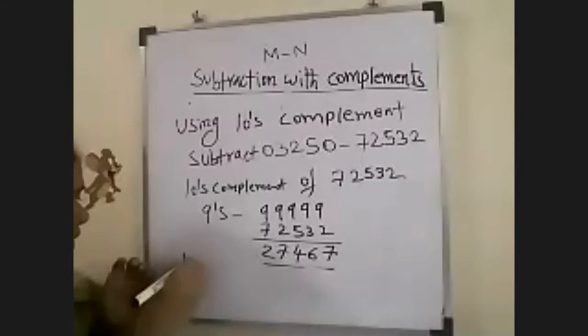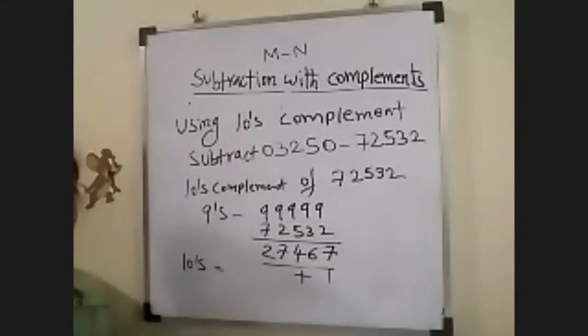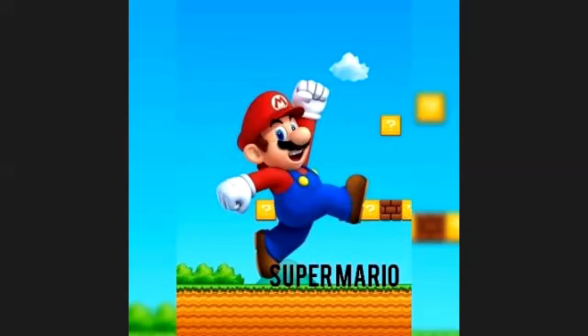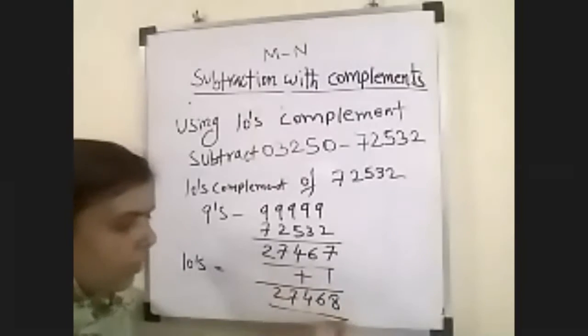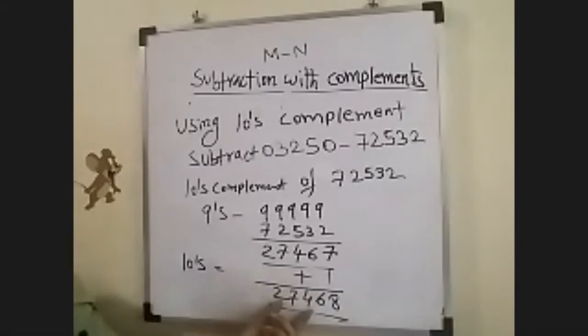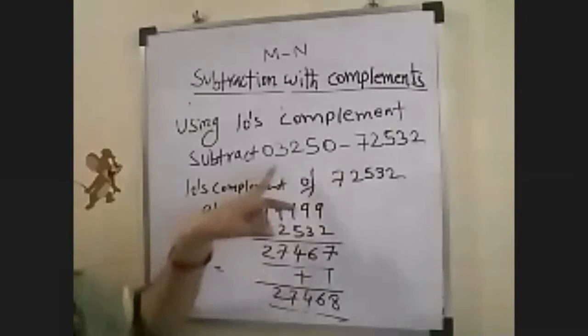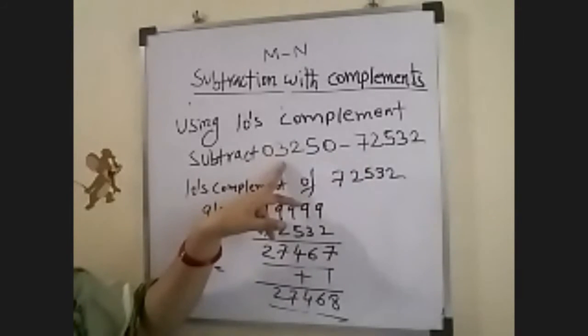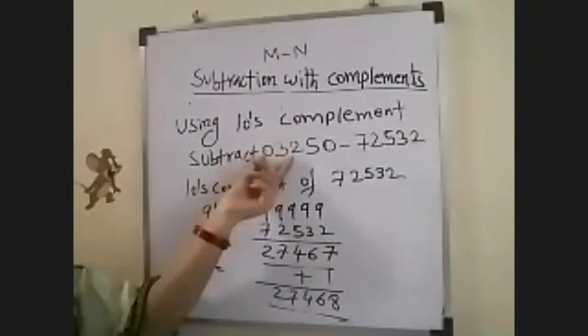The 10's complement of that number is adding plus 1: 27468. So this is the 10's complement of this number. This number you add to 03250. The next step is that the 10's complement is added to the minuend.